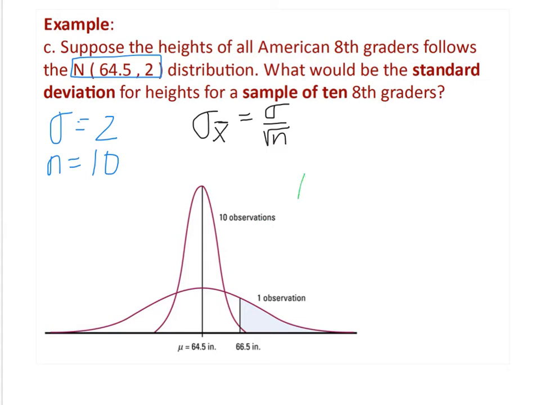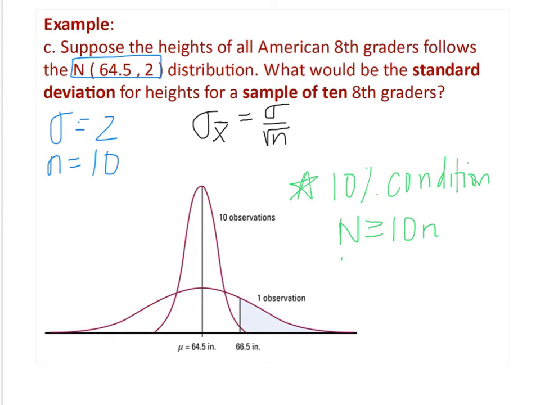But in order to use that, I need to check the 10% condition, which says that capital N is greater than or equal to 10 times lowercase n, or my population is at least 10 times as large as my sample.